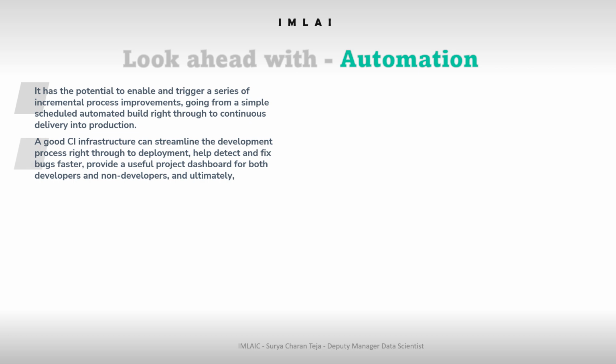A good CI infrastructure can streamline the development process right through to deployment and help detect and fix bugs faster and provide a useful project dashboard for both developers and non-developers.